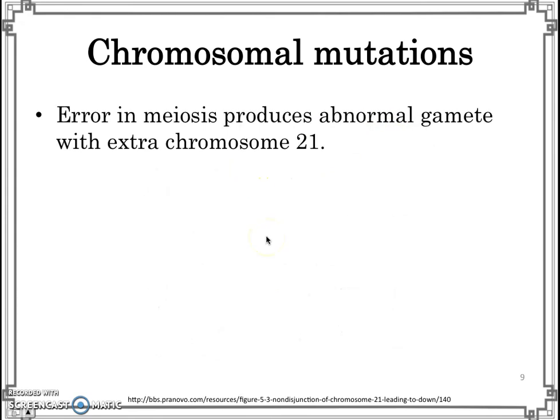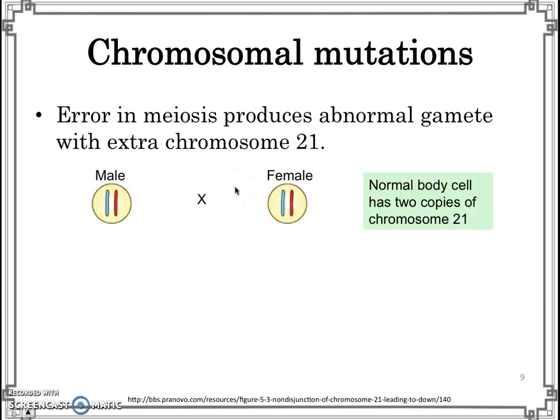Now you might be wondering, how did this person end up with an extra copy of chromosome 21? Well, it was probably due to an error in meiosis, in either the father when he was producing the sperm, or in the mother when she's producing the egg. Now I want you to imagine that there's a mother, female, and a father. And both this mother and father have the normal number of chromosome 21.